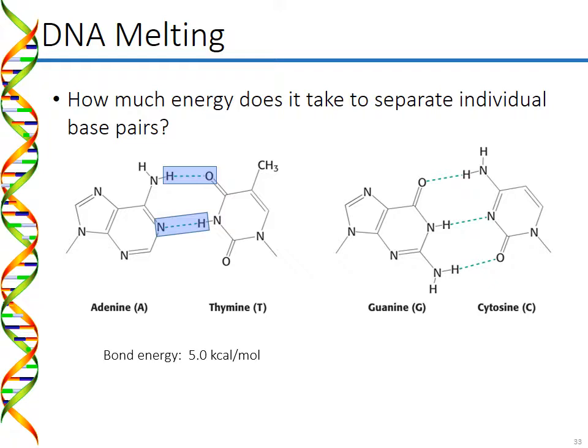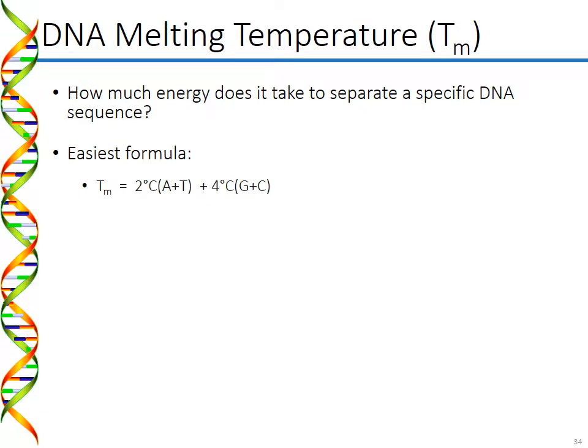This bond strength requires an energy of 5 kilocalories per mole to break, whereas in the GC base pair, there are 3 hydrogen bonds holding the bases together, and this requires a bond energy of 6.9 kilocalories per mole. The specific numbers are not terribly important to us, except for the fact that you should know that a GC base pair requires much more energy than an AT base pair to break.